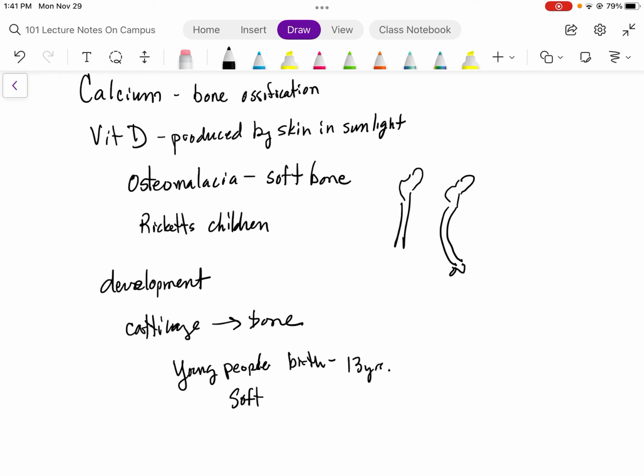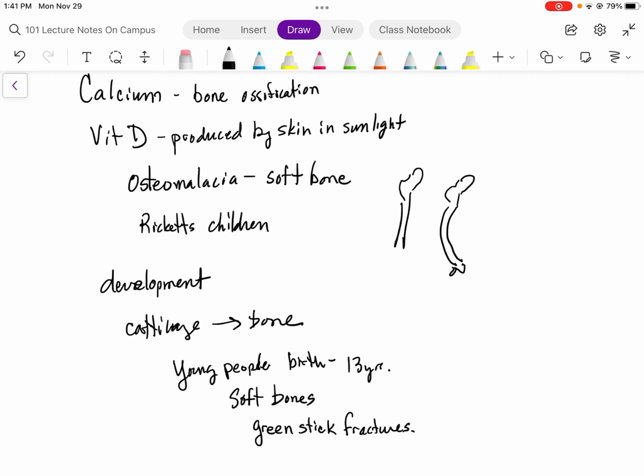And so their bones often, instead of breaking by snapping, they bend, and you can get what's called a green stick fracture. And it's a lot like trying to bend a green stick of willow that's not brittle, and so the fractures can be very painful, but the bone doesn't actually break, it just bends.